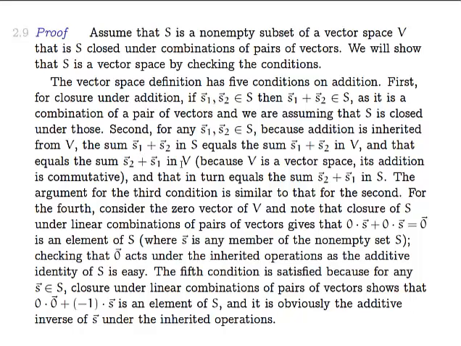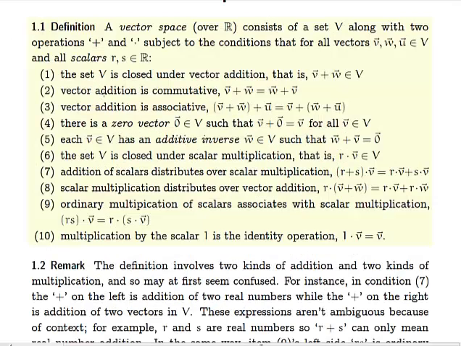In other words, the same proof, the fact that you prove it for V also makes it hold for S, because S is a subset of V. The argument for the third condition, well, let me skip back to these conditions so you can see what I'm talking about. So for conditions 2 and 3, all we're saying here is that if this is true for all vectors in the larger set V, it's also true for all vectors in the smaller set S. So that's where 2 and 3 come from.